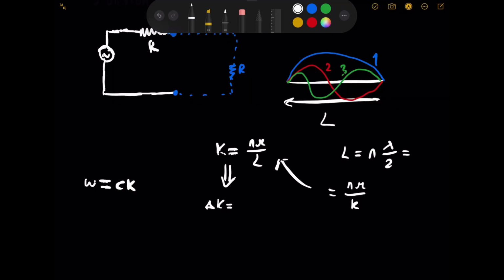And that's obviously going to be given by pi over L, because n is an integer. And then if we want to figure out a formula for delta omega, using the dispersion relation, we just multiply delta k by c to get c pi over L. Okay?